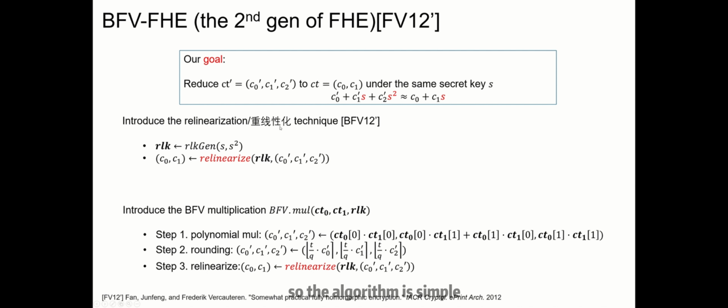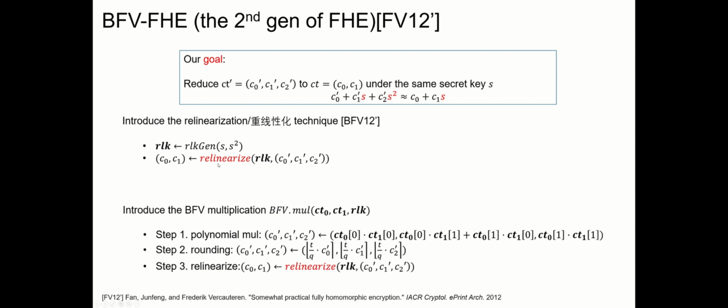So the algorithm is simple. We first invoke the relinearization key generation algorithm. I input the secret s and s squared, and I get essentially an encryption of s and s squared, denoted as the RLK, the relinearization key.